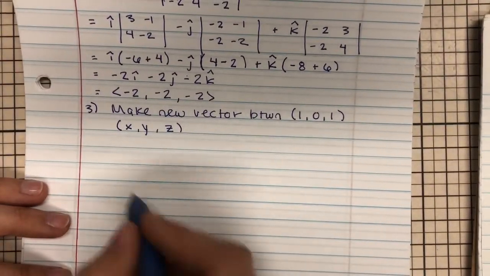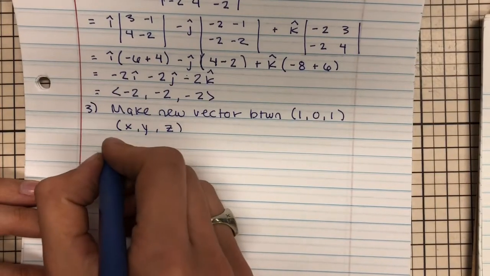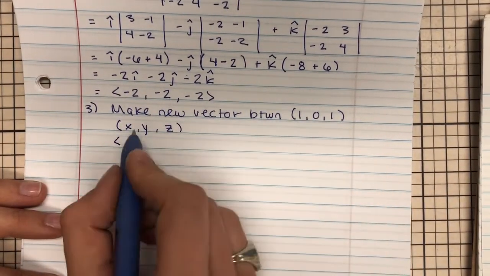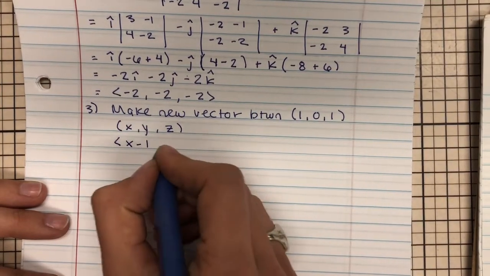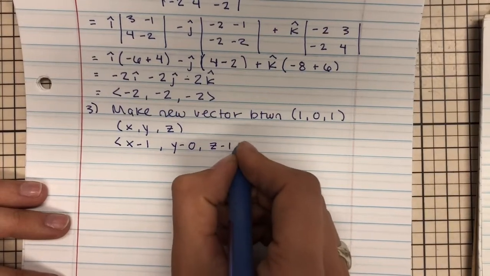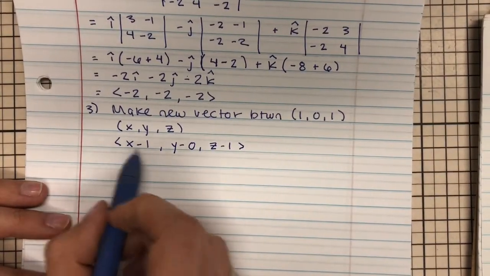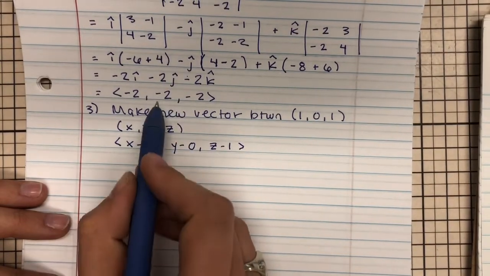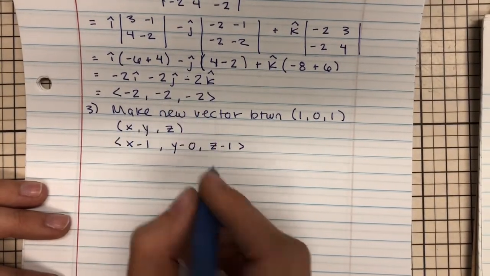Now I want to make this new vector, and think about the change. We'll go from this point to this point, so x minus 1, y minus 0, z minus 1. This is our new vector. Now to determine if this vector is also in the plane, we need to dot this vector with the normal vector and set it equal to 0.